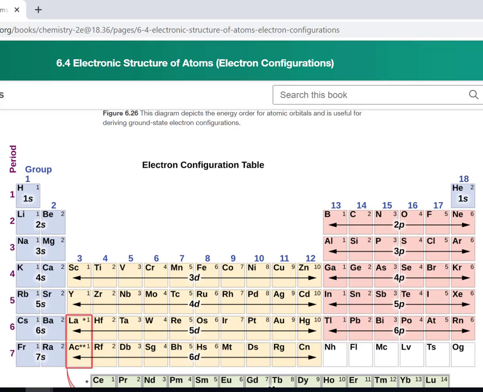The noble gases end with p6. Every one of the noble gases ends with a p6: 2p6, 3p6, 4p6, etc. So when you get to the noble gas, you have filled that electron subshell. You filled everything that is there.